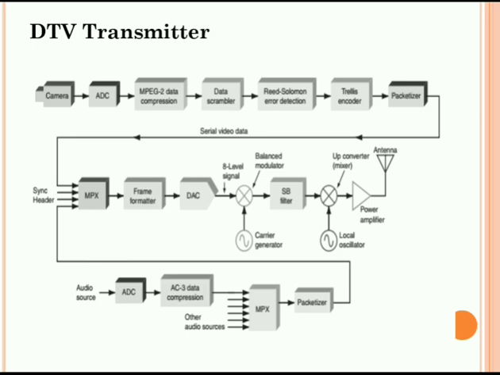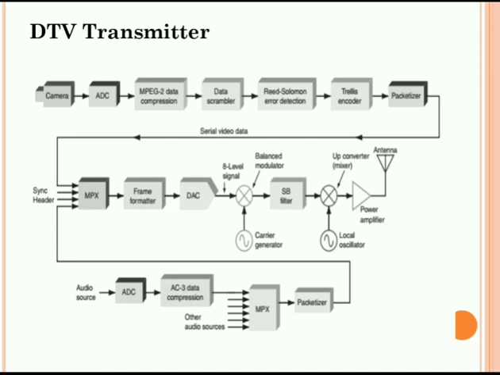The blocks present in that are the camera that we use for the purpose of recording the audio and video, ADC, after that MPEG2 data compression. We have to use a data compression technique here, then the data scrambler. After that, Reed-Solomon error detection, then trellis encoder, then packetizer, multiplexer.